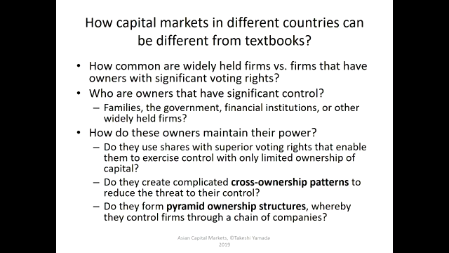So a simple example is so-called superior voting rights. As I said earlier, a state-owned enterprise, or a company that is set up by the government, where the government is the largest shareholder. In many cases, they have superior voting rights, or you can say veto rights.